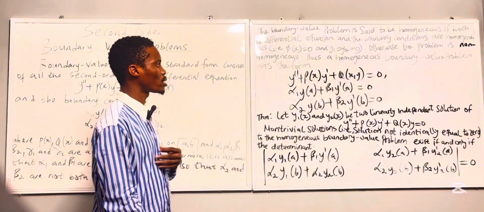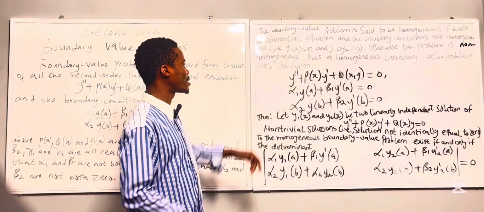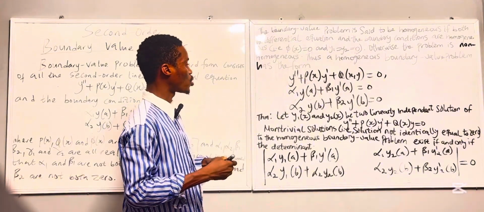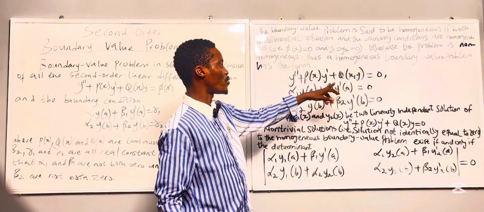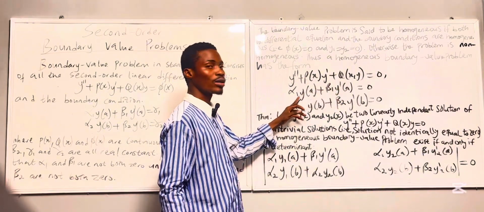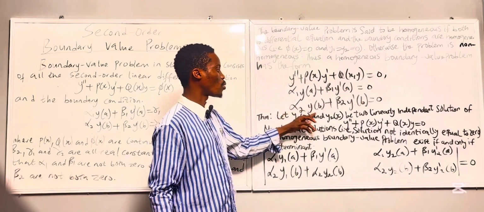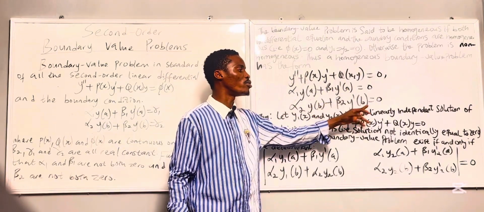So a homogeneous boundary value problem has the form y double prime plus p of x y prime plus q of x y is equal to 0, with alpha 1 y of a plus beta 1 y prime of a equal to 0, and alpha 2 y of b plus beta 2 y prime of b equal to 0.